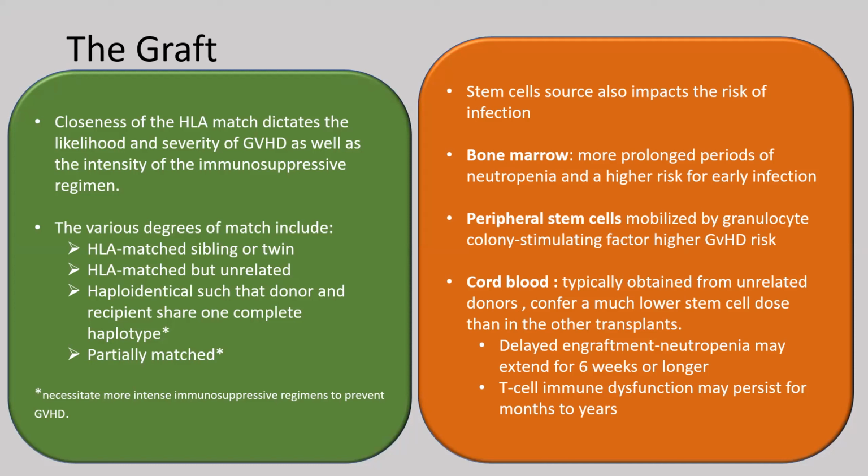Cord blood is typically obtained from unrelated donors, confers a much lower stem cell dose than in other transplants, and these patients may experience delayed engraftment.